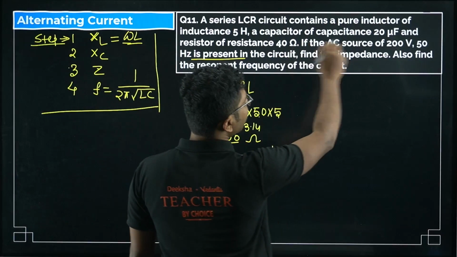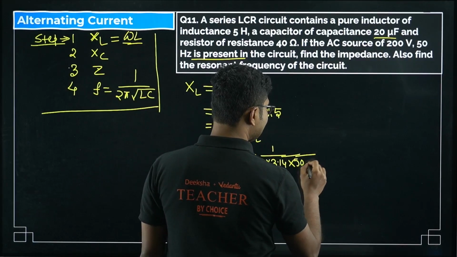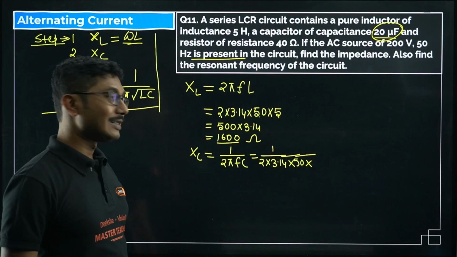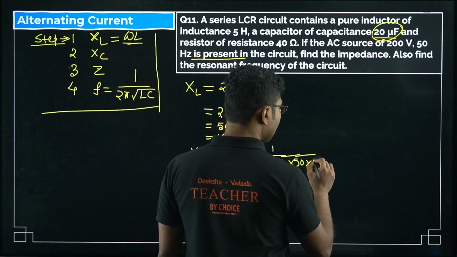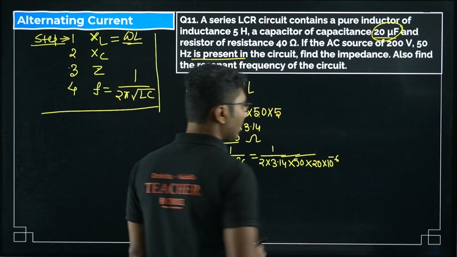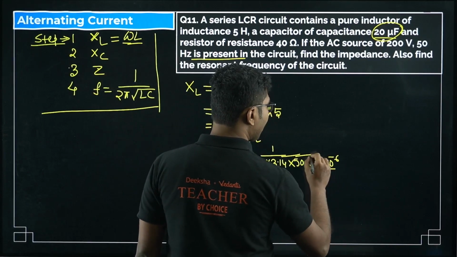Frequency is given here as 50 Hertz, and the capacitance is given. Be careful about this: capacitance is generally given in microfarads, so microfarad means 10 to the power of minus 6. Microfarad, picofarad, nanofarad, whatever they give, you have to be careful and add that part.